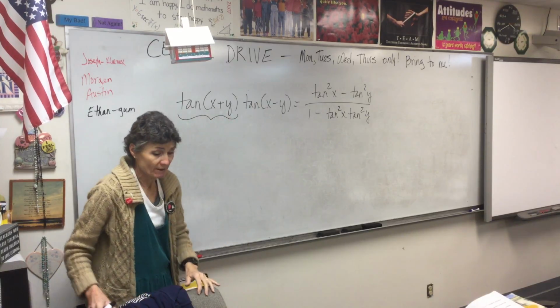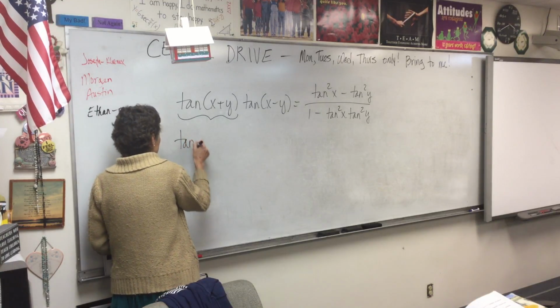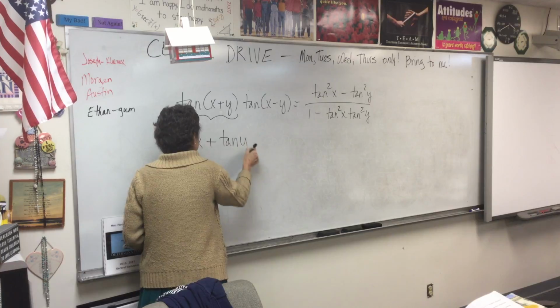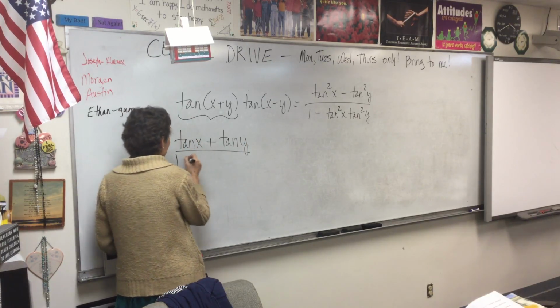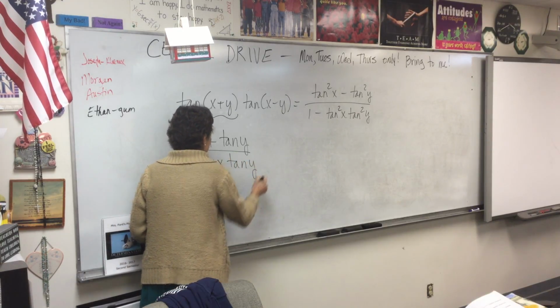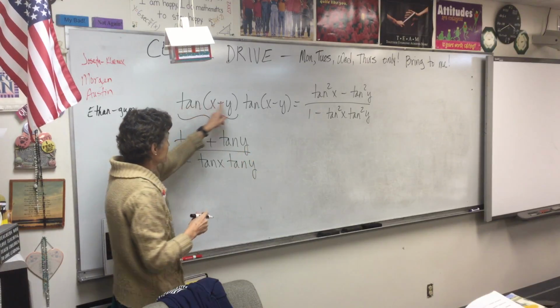What is the tangent of x plus y? Tangent of the first plus tangent of the second, good, over 1 minus tangent of the first, tangent of the second. So that, right there, that big fraction, is this guy right here.